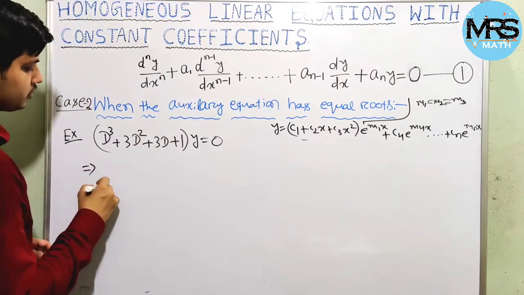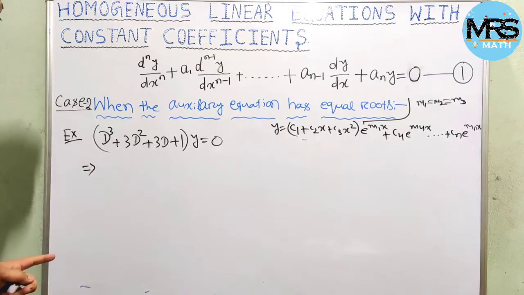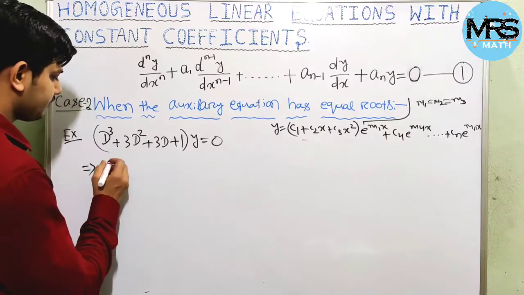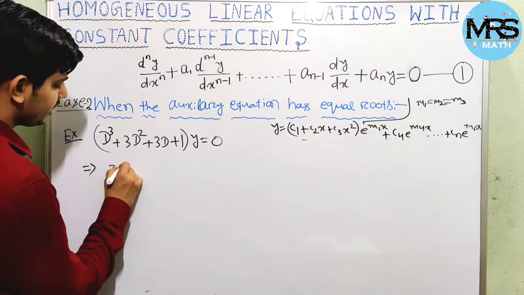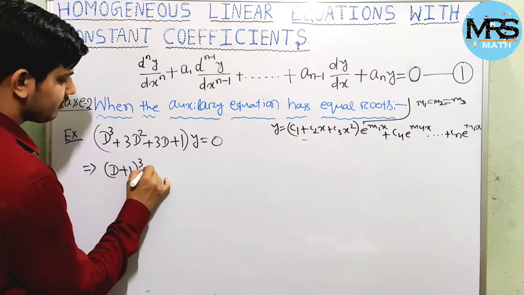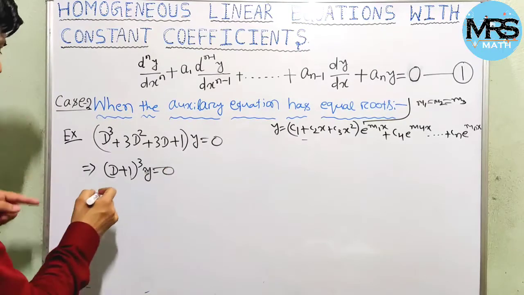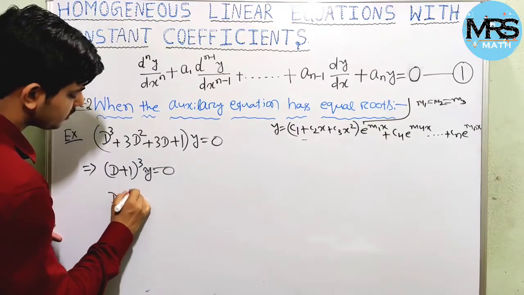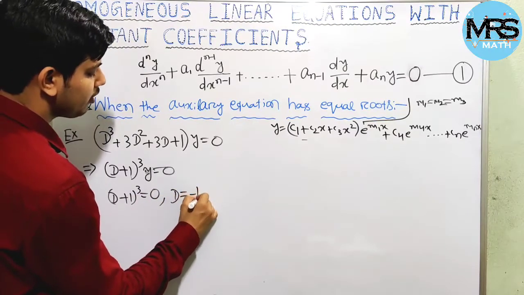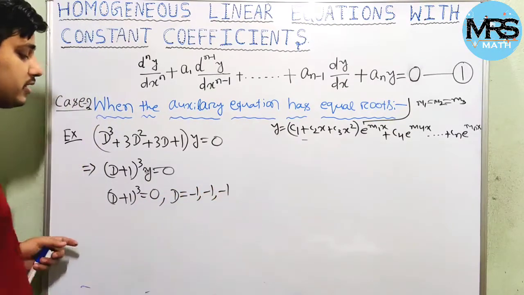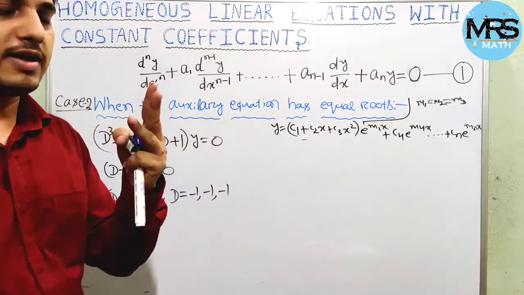From this auxiliary equation, how can we calculate the roots? This is d plus 1 whole cube into y equal to 0, so the auxiliary equation will be d plus 1 whole cube equal to 0. So the root will be d equal to minus 1, minus 1, minus 1. The root minus 1 is repeating 3 times.